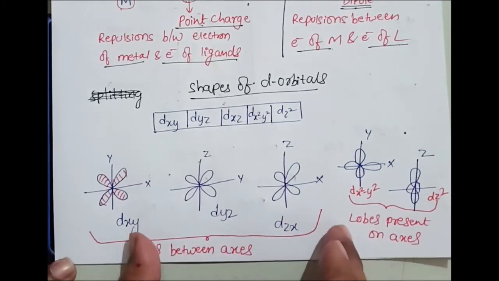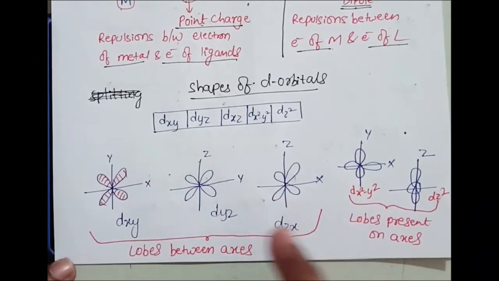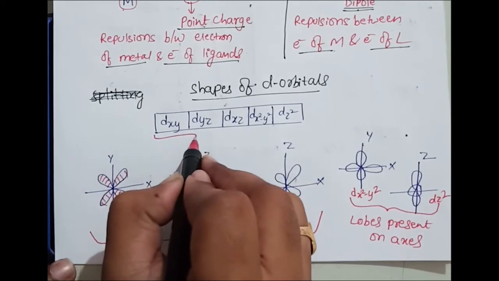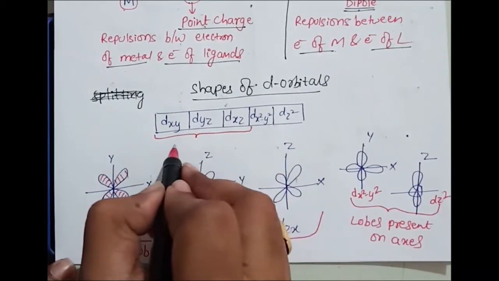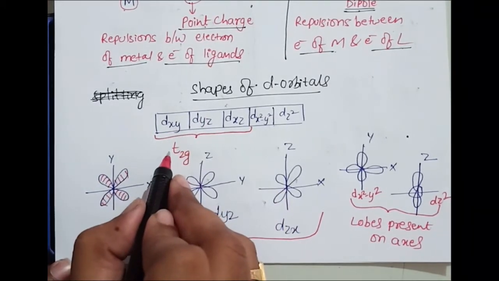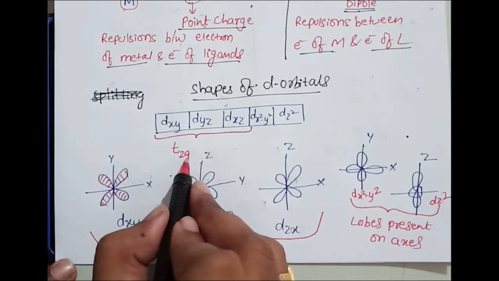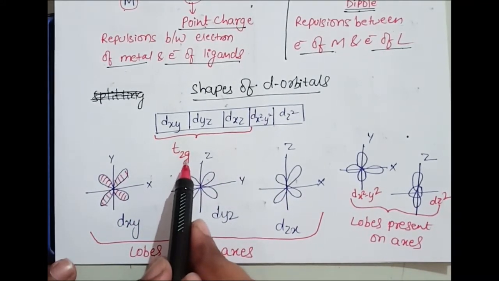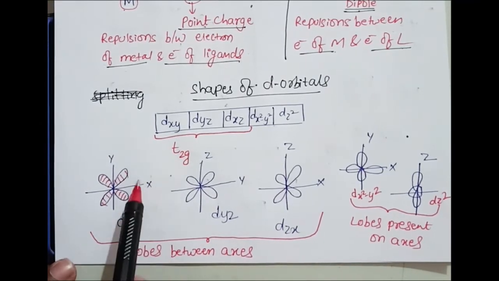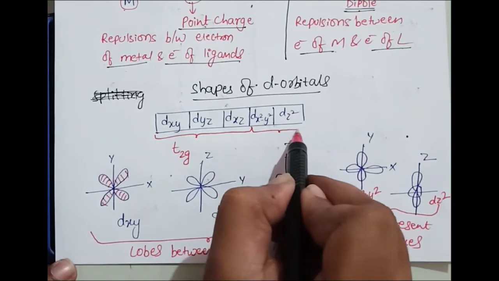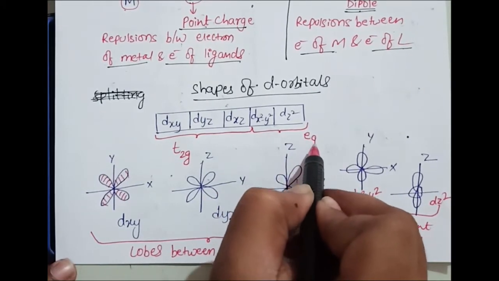The group of these three, which are three degenerate orbitals, is called T2g. Why do we call it T2g? T stands for triply degenerate orbitals. 2 is a different symbol, and g stands for gerade. These two orbitals are called eg.